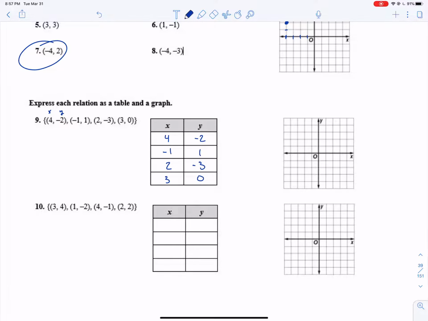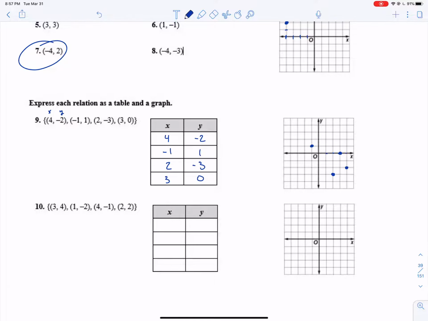We're just putting them on a table, and then we're going to graph them. So let's do that. So 4, 1, 2, 3, 4, -2. Okay, so there's 1 point, and we don't have to label them. -1, +1, there's another point. +2, -3, that's here. And then 1, 2, 3, comma 0.